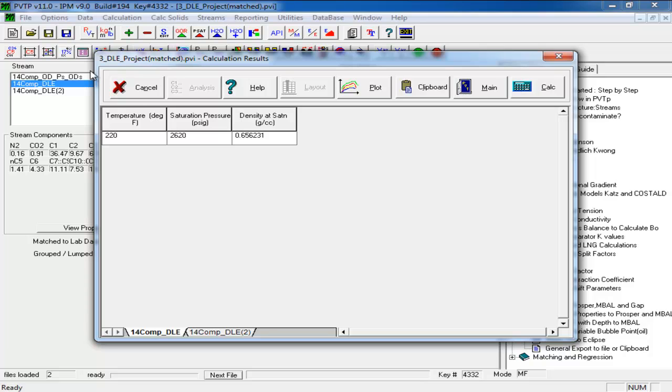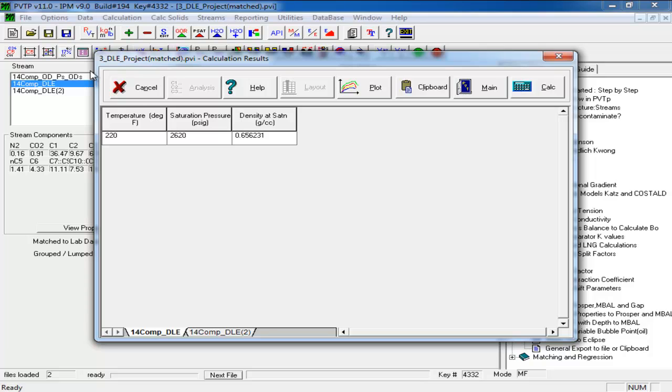Yes. Because we already said that Peng-Robinson will describe this part, will go like this, and then will come like this. So this part can be described by Peng-Robinson, but can also be described by van der Waals, can be described by real gas equations. So this, we don't have a problem.